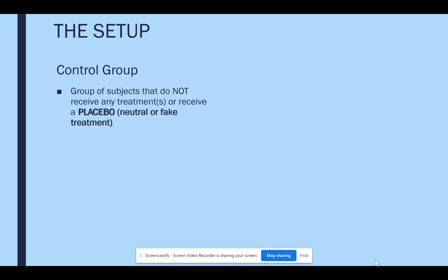A placebo is a neutral or fake treatment. Basically you don't do anything to the control group, so that's your baseline, and you can compare what occurred to that group versus the other group or groups.